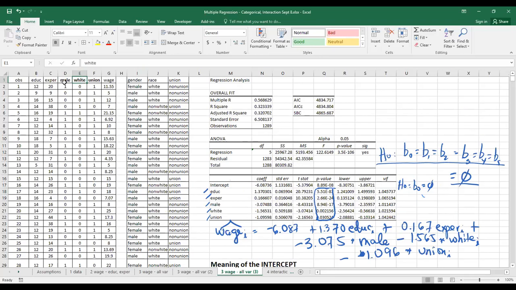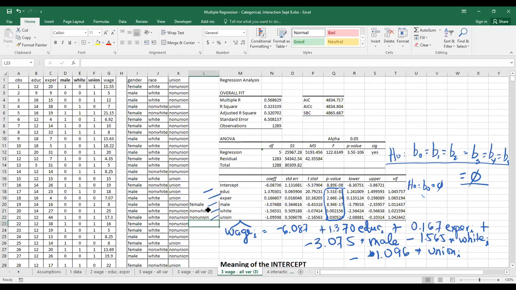Kasi kung ginawa natin tong female, non-white, at saka non-union, ang lalabas dito, it would appear here, female, non-white, non-union. Sorry, hindi ko masyadong pinag-isipan kanina yung pag-assign ng dummy variable. It would have been better kung ang nakalagay dito female, non-white, and union.